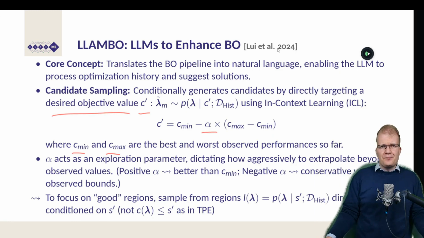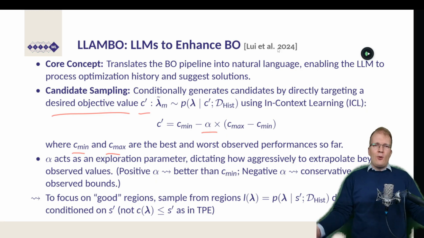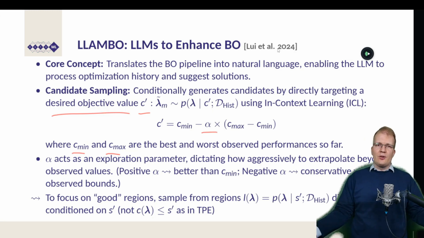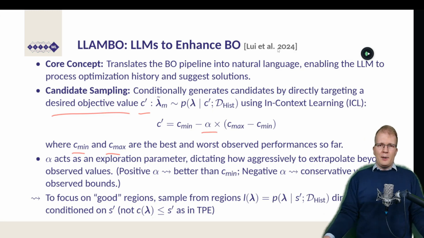So alpha acts as an exploration parameter for LAMBO, dictating how aggressively to exploit beyond observed values. A positive alpha leads to better than C min, and a negative alpha leads to conservative values within observed bounds.